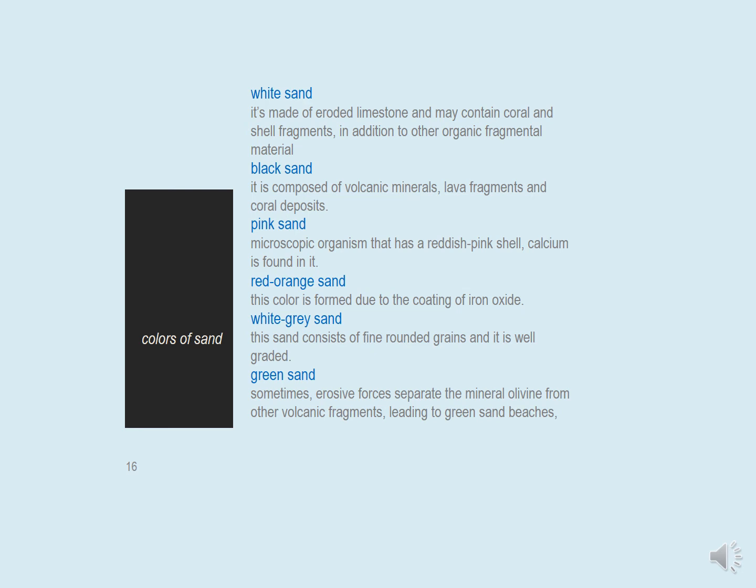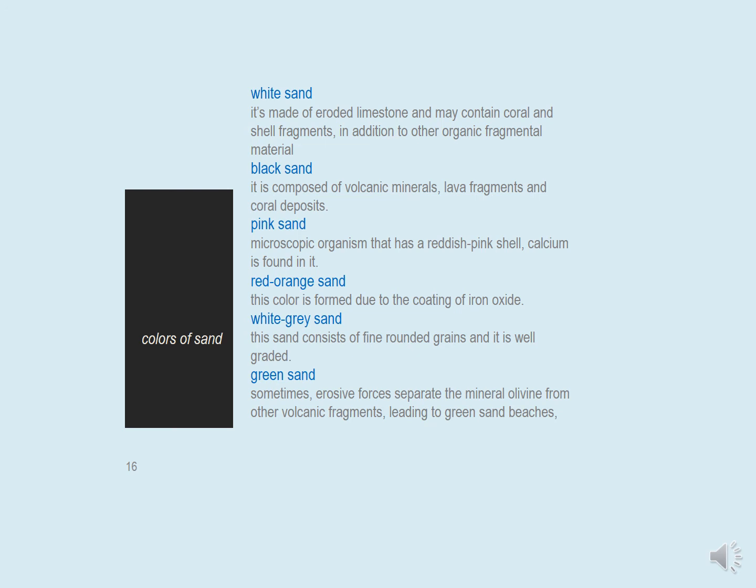Then the white-gray sand, which consists of fine rounded grains, and it is well graded. By the way, this is the type of sand that we can mostly find in beaches in Lebanon. And finally, I'm gonna talk about the green sand.